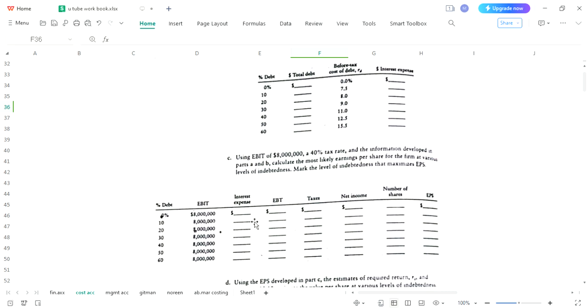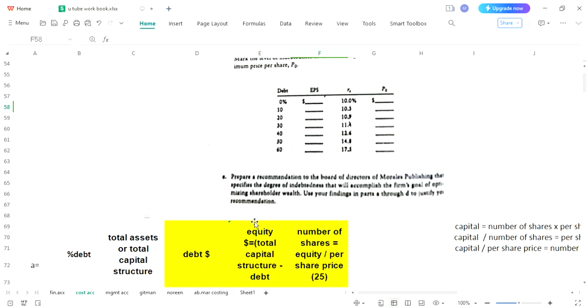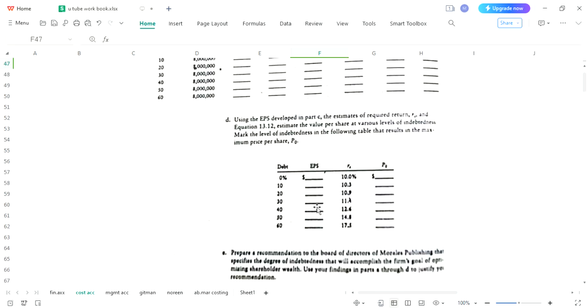So part C has also been completed, and we will now be looking for our part D, where two columns are filled and the remaining two columns we are responsible to make using the EPS developed in C. So it means EPS we can copy, the required rate of return is present, and we can calculate share price.